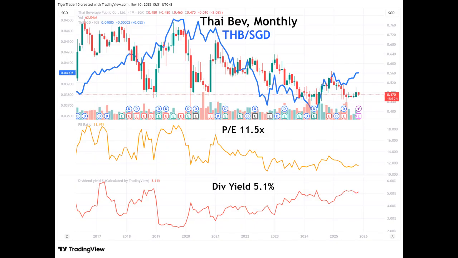The blue line that we see is the movement of the Thai baht to the Sing dollar, and we can see that since early 2024, the Thai baht has been strengthening against the Sing dollar, and there's some divergence between the performance of the Thai baht and that of the Thai Bev share price. So if the Thai baht were to continue to strengthen, it would definitely be a positive for the price of Thai Bev shares.